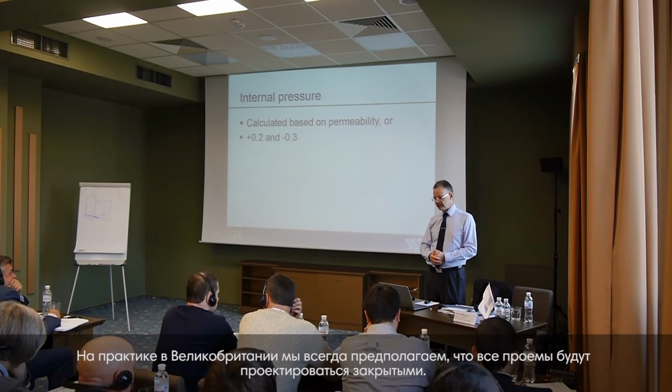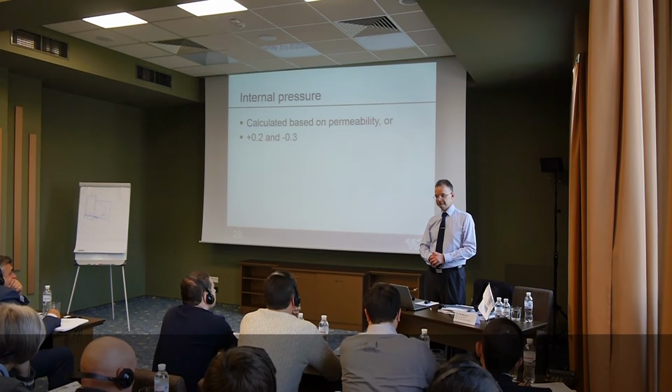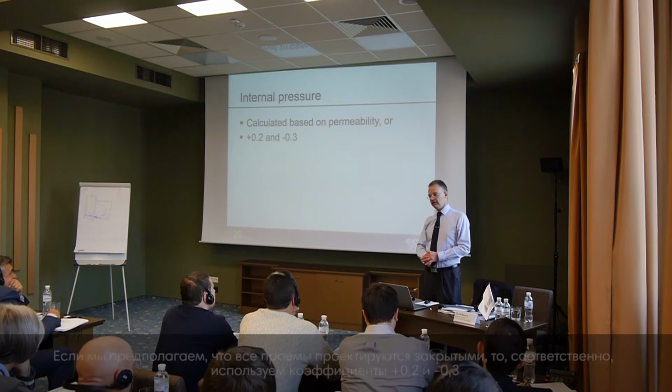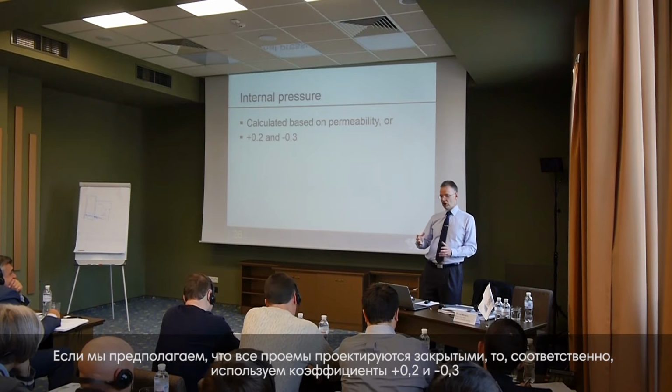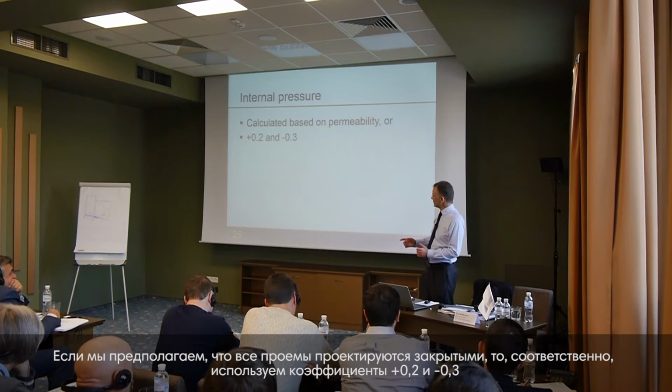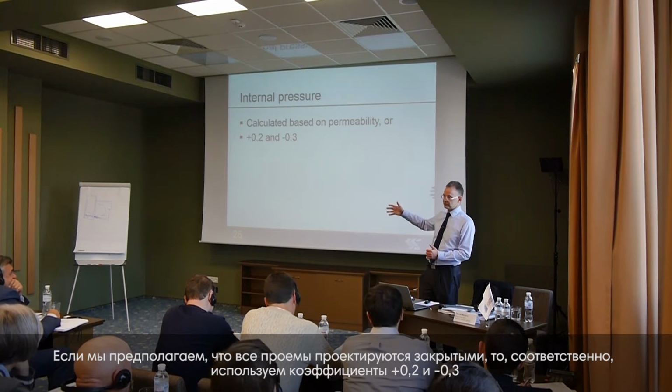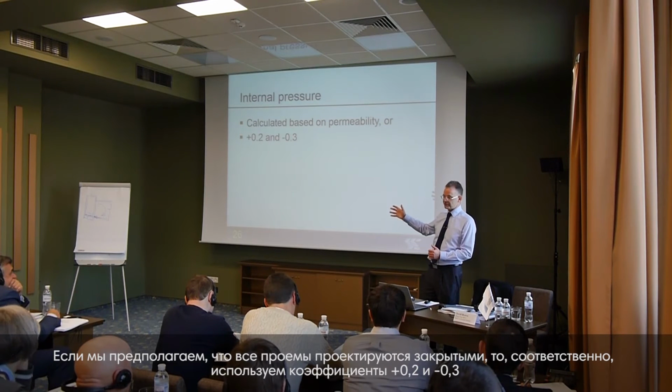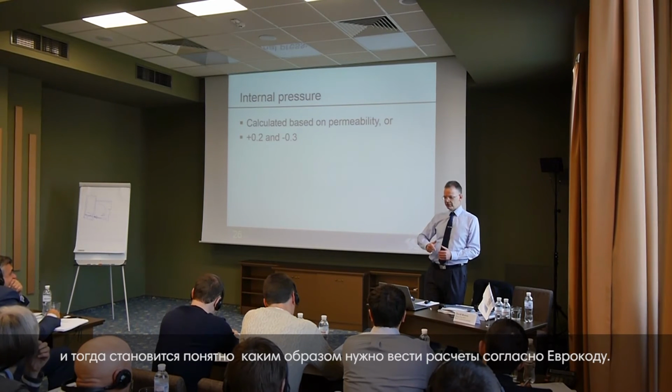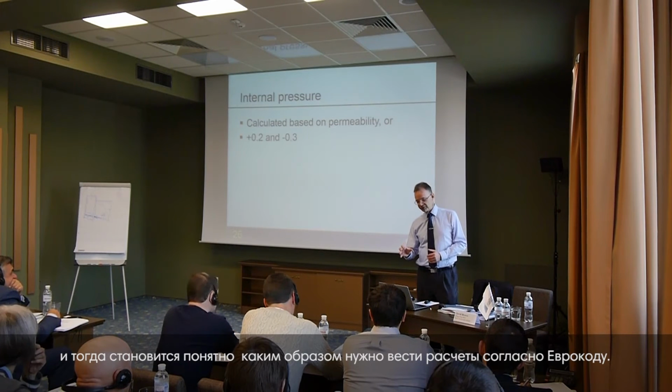Practice in the UK is to assume that all those openings are shut. If we assume that all those openings are shut, and therefore we base our design on plus 0.2 and minus 0.3, then the Eurocode is very clear about what we must do.